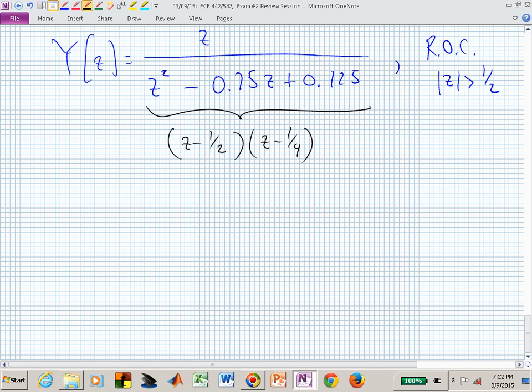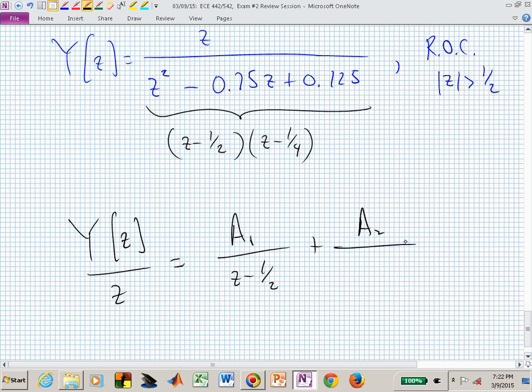What would you do to find the actual solution to this? Would you expand capital Y of z, or would you do something else? It's usually easier to force a z in your answer if you do the partial fraction expansion of Y of z over z, so that now you have, let's say, an a1 over z minus 1/2 plus an a2 over z minus 1/4.